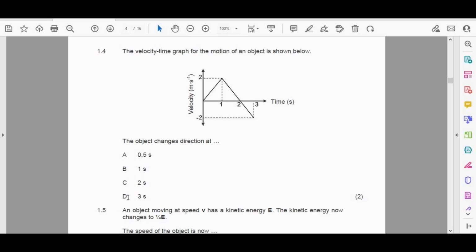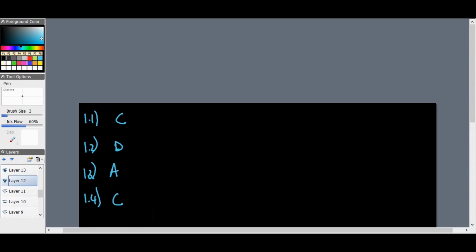It cannot be D, because he also reaches maximum velocity there. They ask, when does he change direction? At what time? It must be option C, because he changes at 2 seconds, after which he continues accelerating. So 1.4 is definitely option C.